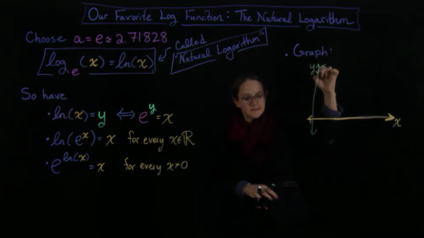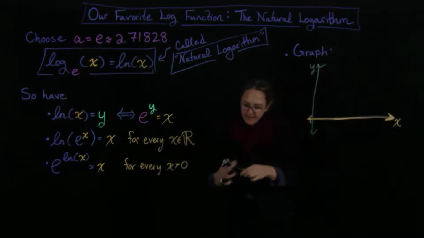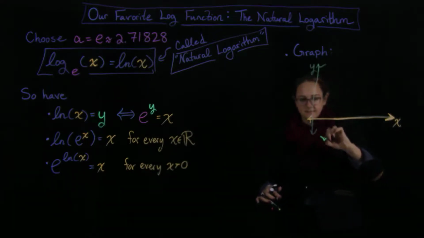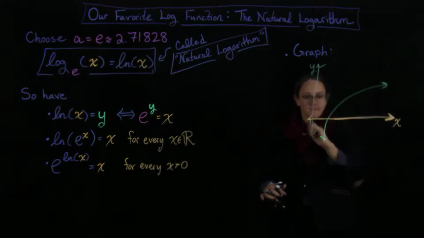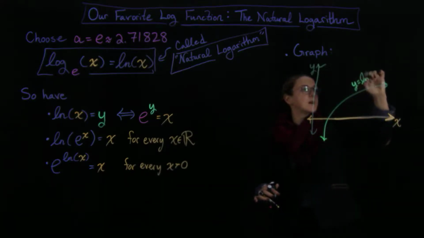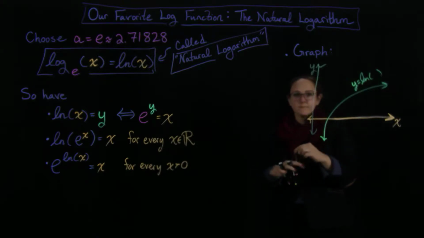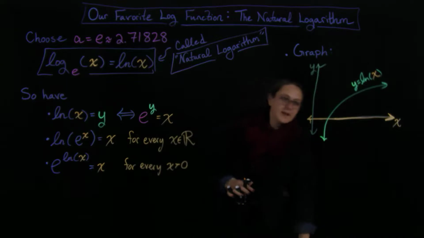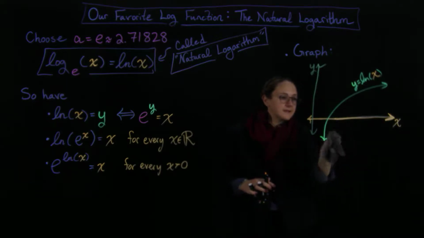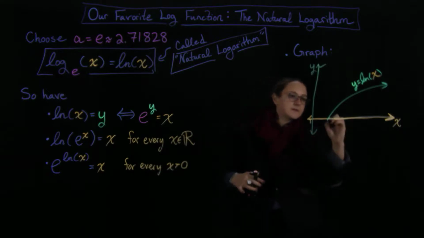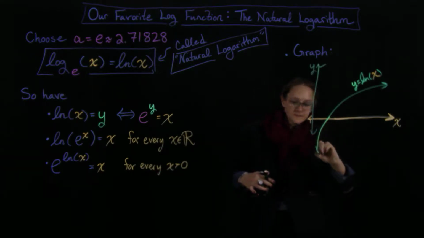My graph is going to end up looking like this: the graph of y equals the natural log of x. We do get this vertical asymptote at 0, so it goes down like that.